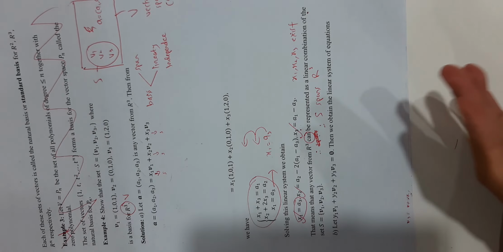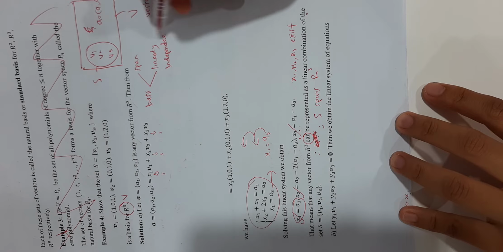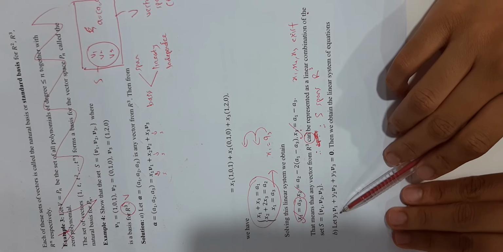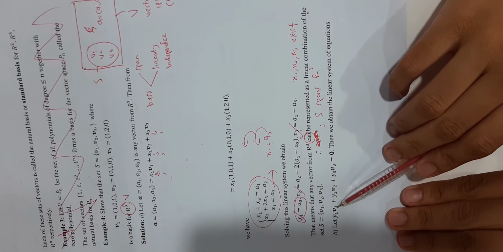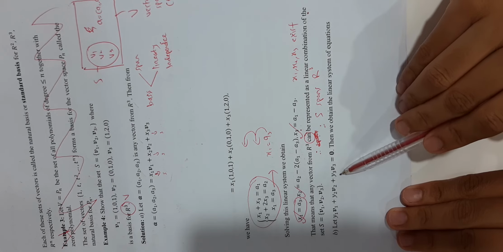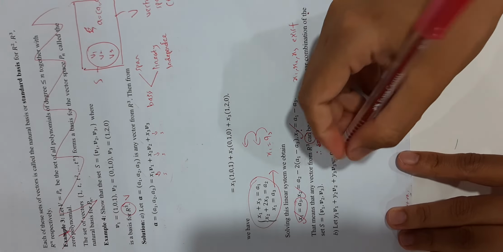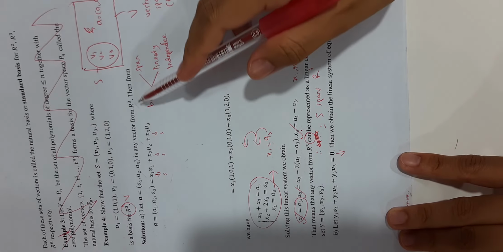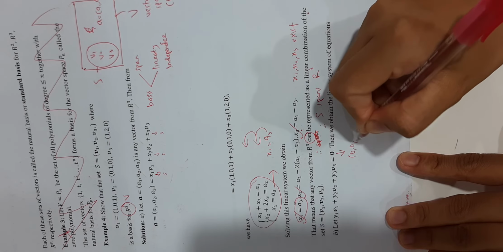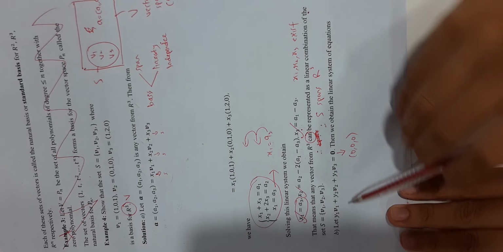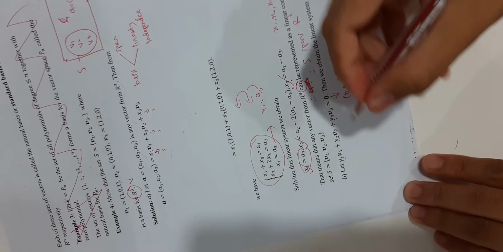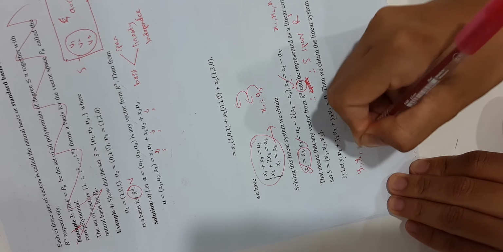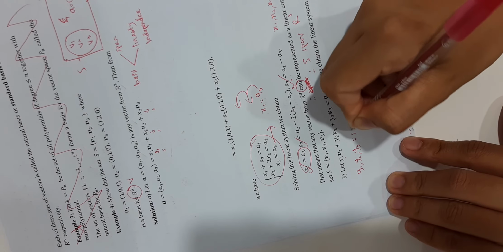Now we need to check the second condition, the linear independence part. So now you're going to write y1 v1 plus y2 v2 plus y3 v3 equals 0. Since we are dealing with R3, you can write this 0 as (0, 0, 0), and y1, y2, y3 are scalars.